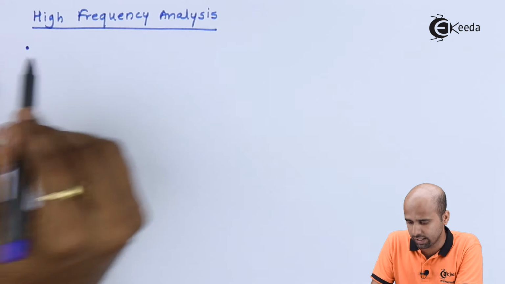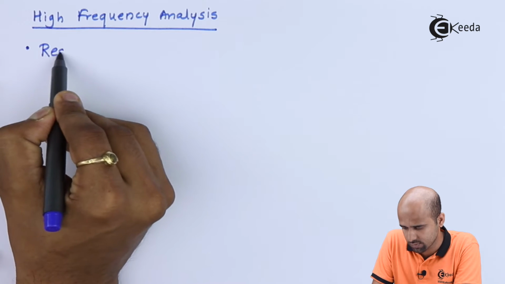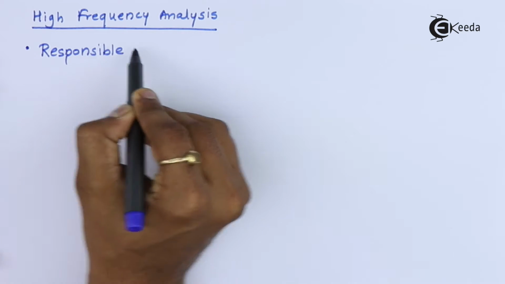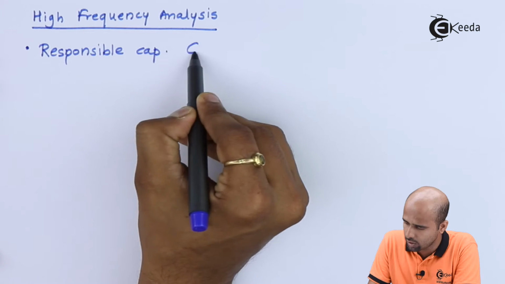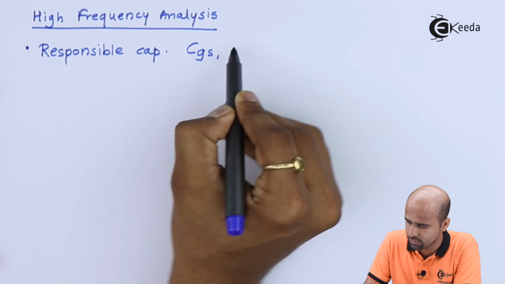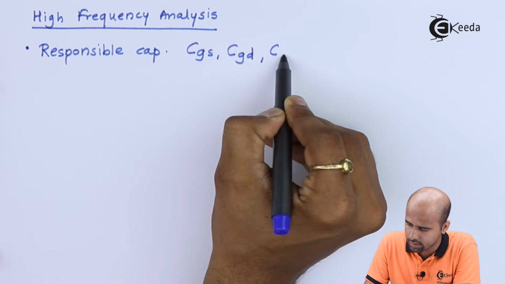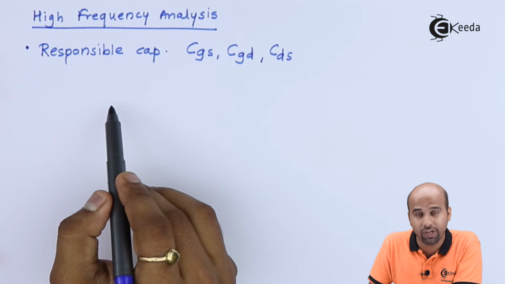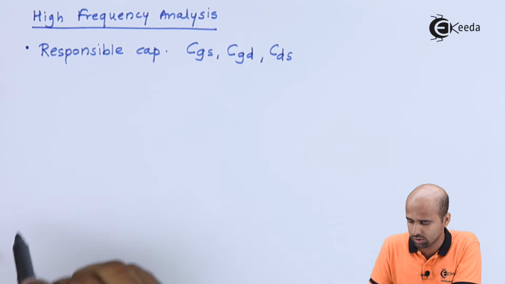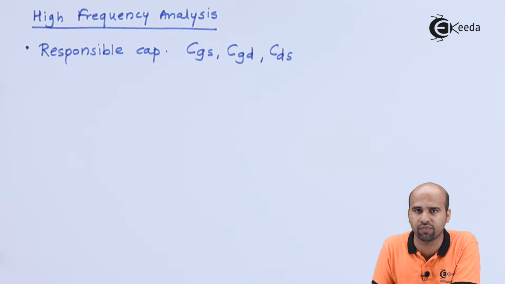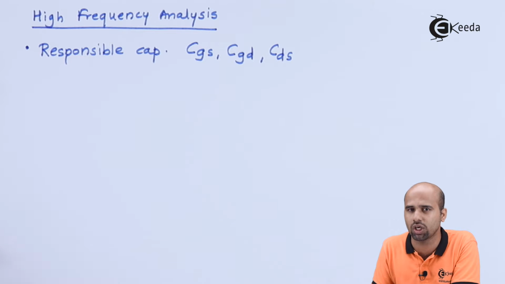First of all, I know that the responsible capacitors are CGS, CGD and CDS. So very first I will draw the circuit of the FET amplifier again. I will try to convert it into an AC analysis equivalent model such that things will become simple.